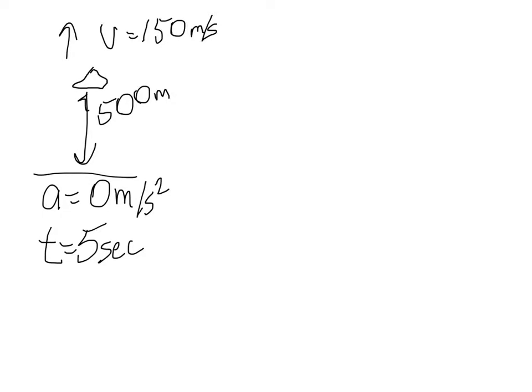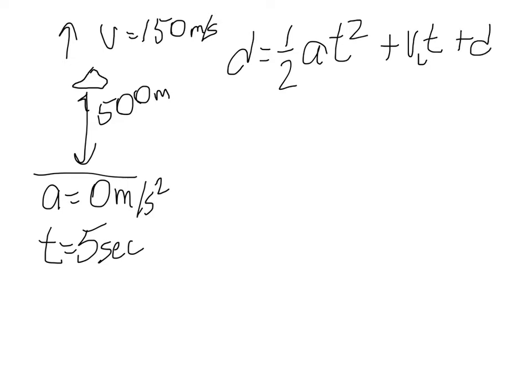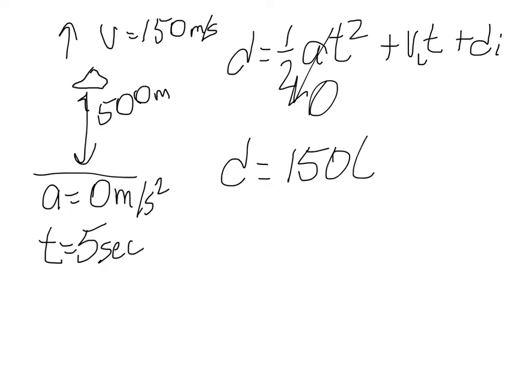So back to our equation. D equals 1/2 a t squared plus v initial t plus d initial. We know acceleration is 0. So that means d is equal to v initial, which we know is 150, times time, which is 5, plus 500, our initial distance above the ground.